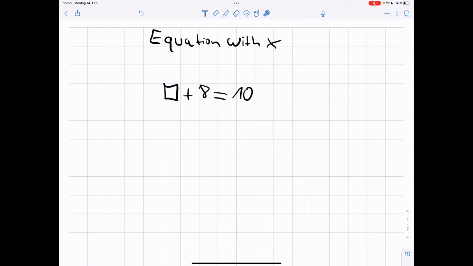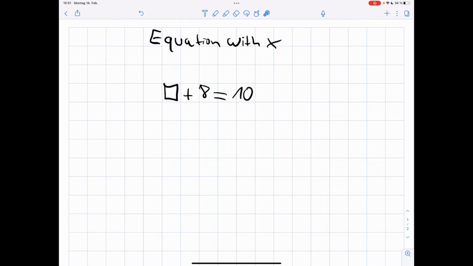However, when you look at it a bit more closely, and this understanding is important for later stages, you have here a square and a number, and on the other side a number. So this can't be equal at first glance, right? Because when you have something different from a number on one side, and on the right side a number, this can't be equal.